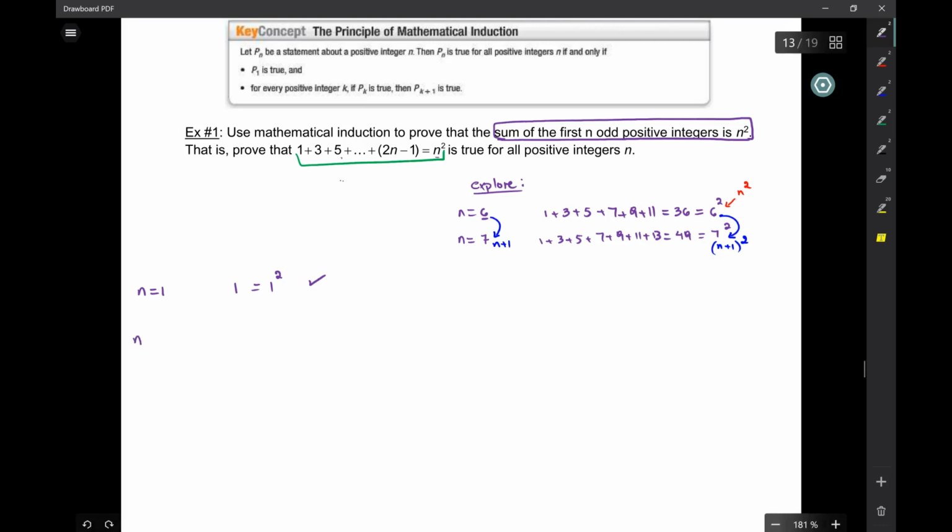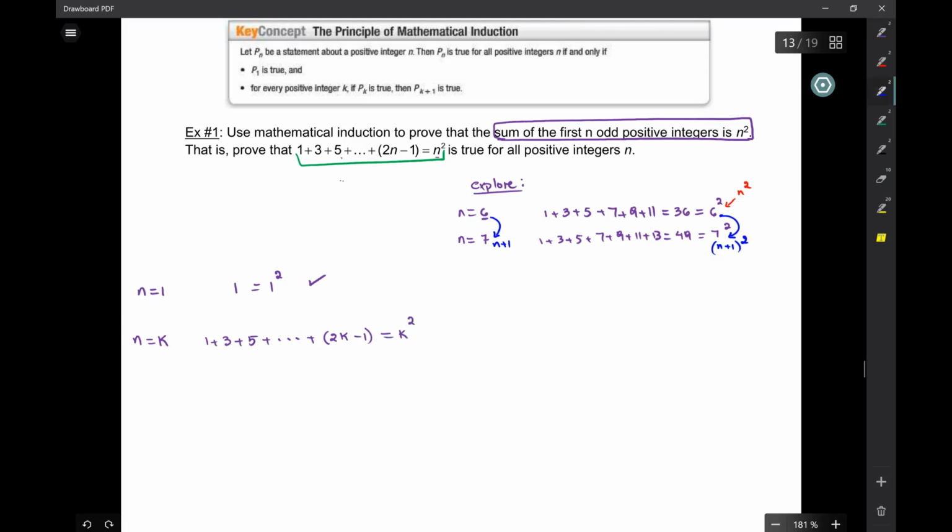So now you say, okay, n equals k. For this one, this is the easiest step of all. All you have to do is take the green and switch all the n's to k's. So 1 plus 3 plus 5 plus ... 2k minus 1 equals k squared.